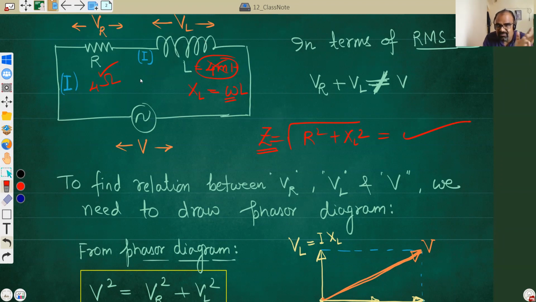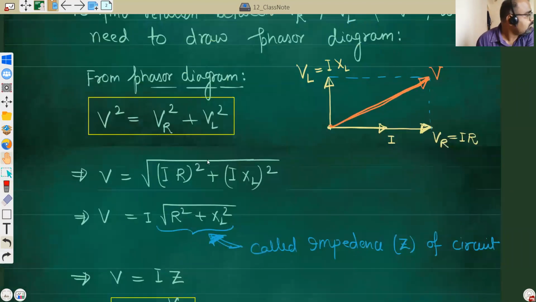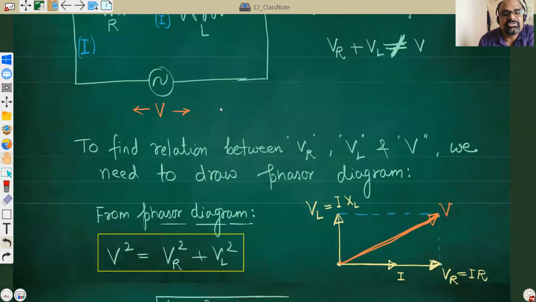Now the voltage was already given. So finding current is very easy. Current is equal to voltage by impedance. And that way you will be able to find the current. See how simple and same monotonous job we are doing all the time. Same task. So nothing new.